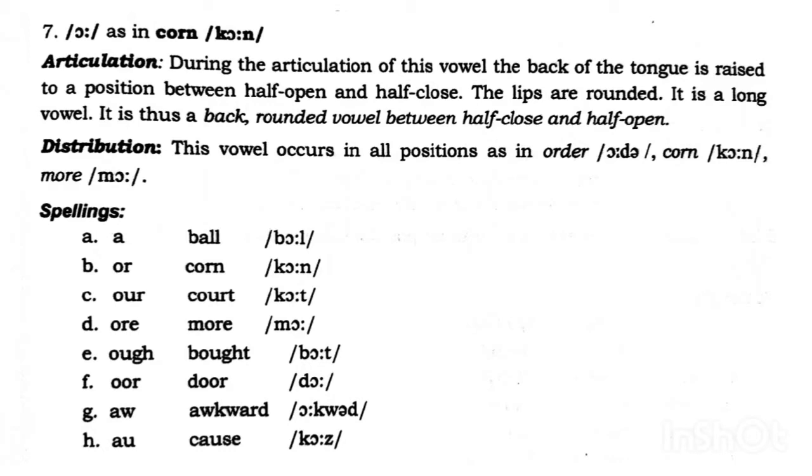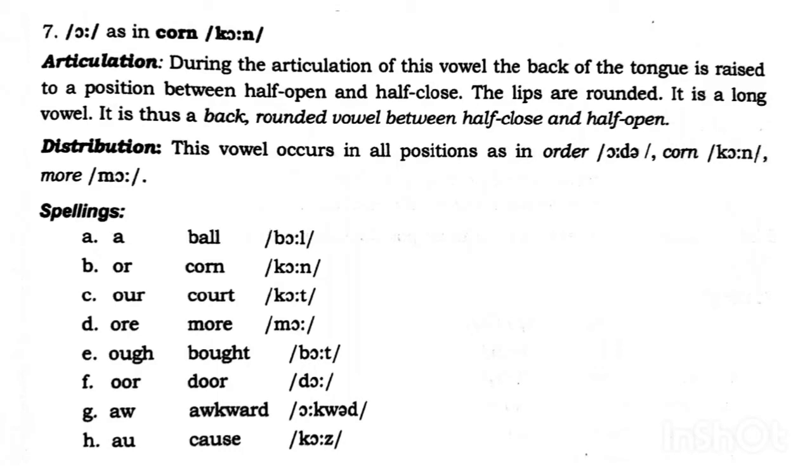Next one, bought. Here the four letters O, U, G and H stand for the vowel sound O. Then door. Here again three letters, O, O and R. Two O's and R stand for the vowel sound O and R is again silent.